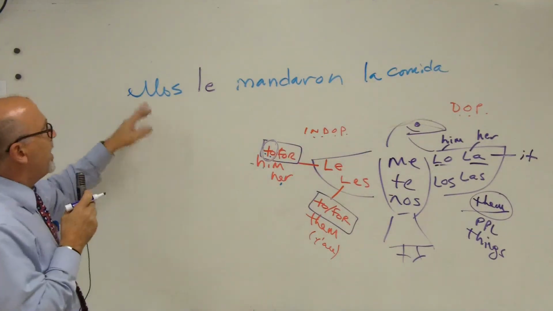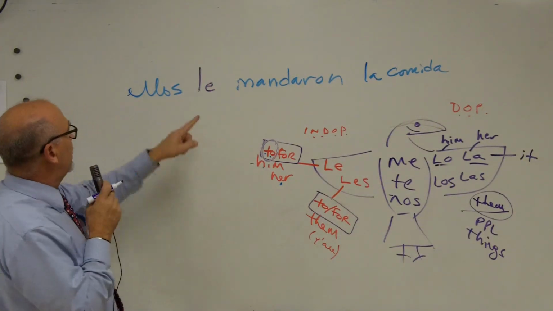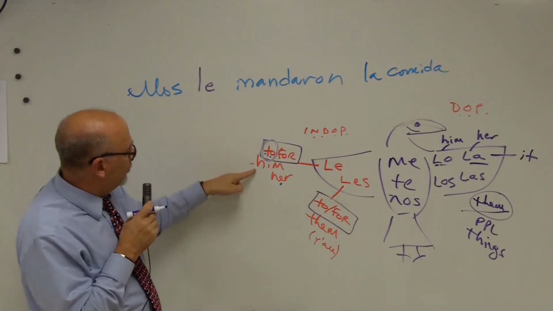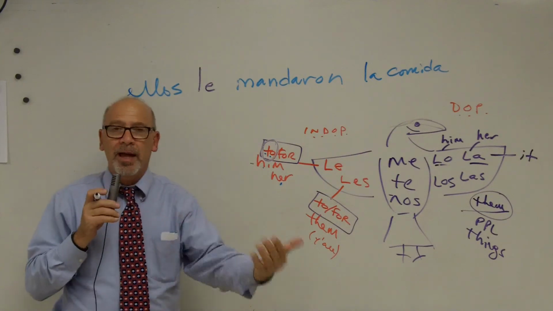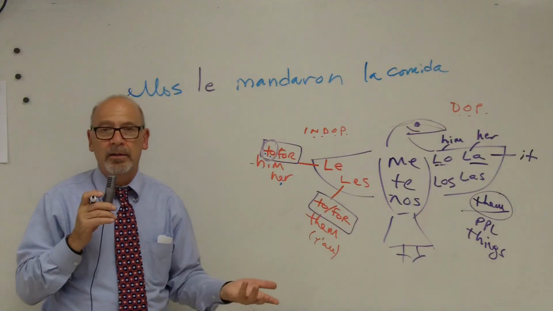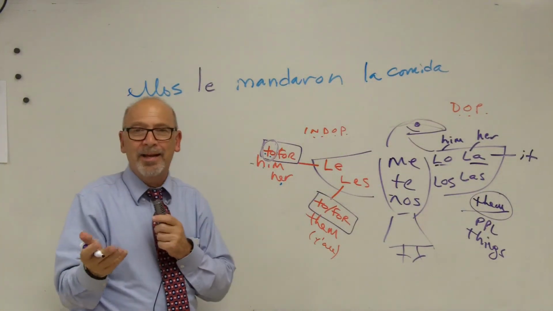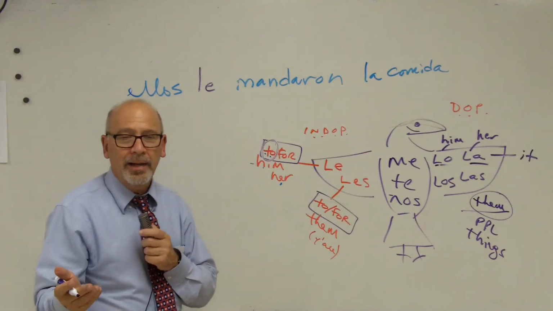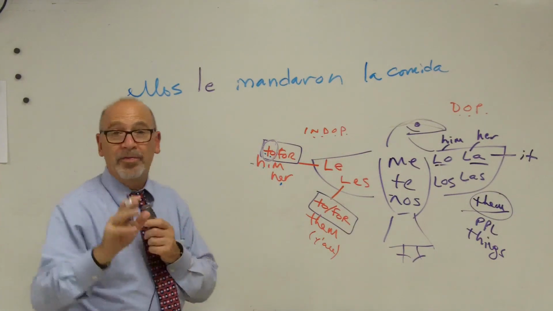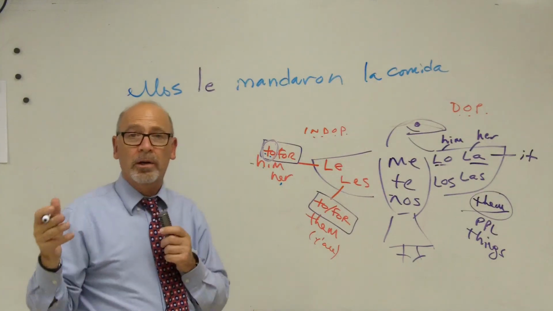But what if you want to make it real clear what le is? You want everybody to know le, because that can be to him or to her, to the man, to the woman, to the child, any kind of people. We don't know. Now, this is not required. It's just if at the end of the sentence you want to make it more clear.